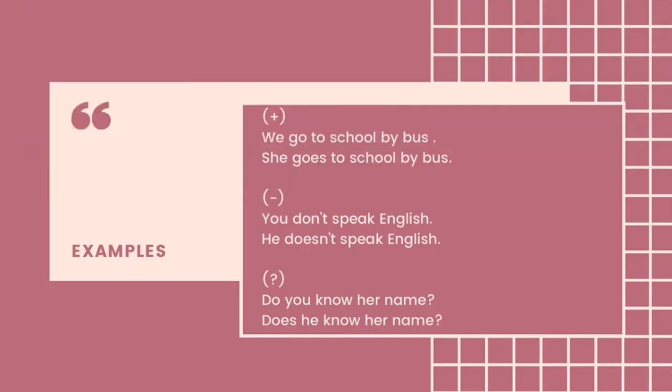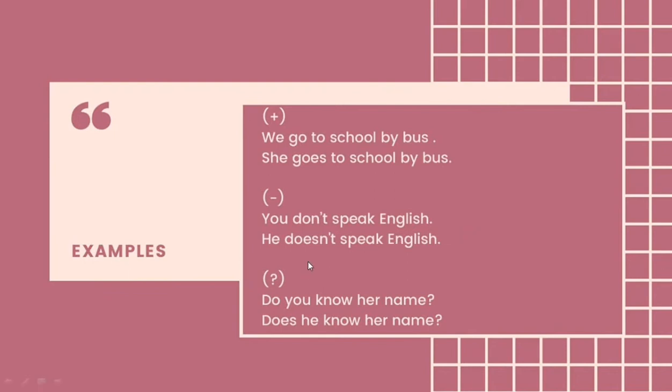This is the example. For positive sentence, we go to school by bus. Remember, if the subject is he, she, or it, you have to plus S. She goes to school by bus. For negative, you don't speak English, because do is for I, you, they, we, and does is for he, she, and it.